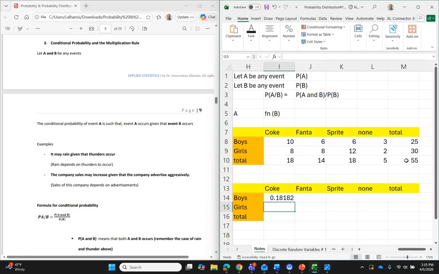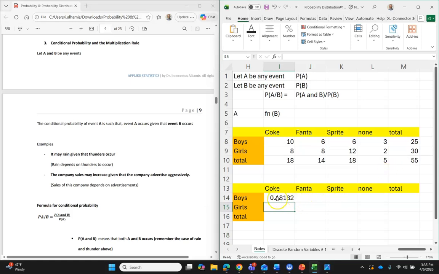So you can see the probability here. We have changed this number into probability. How did we find it? We look at how many boys prefer Coke out of the total. So we take 10 divided by 55, and so we get that.